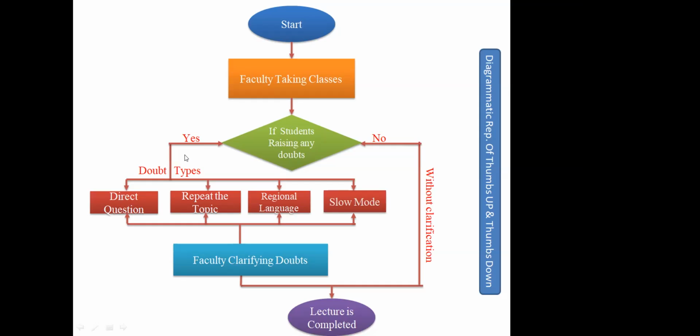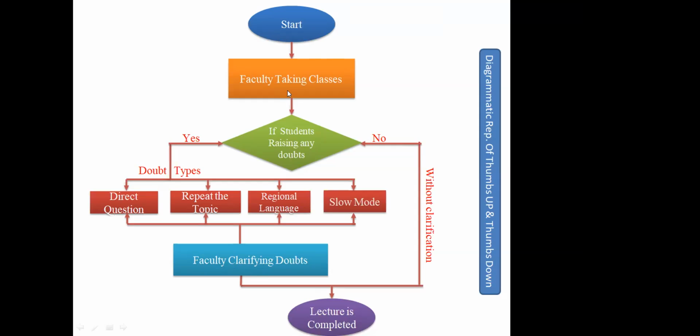The doubts may be in 4 formats. First is direct question, then repeat the topic, regional language, then slow mode. Listen once again. Here the faculty takes the class. If students raise doubts at the moment, the doubts may be in 4 formats: direct question, repeat the topic, regional language mode, then slow mode. Then based on the type of question, the faculty answers the question. After that, the faculty clarifies the doubts, then the session comes to an end.